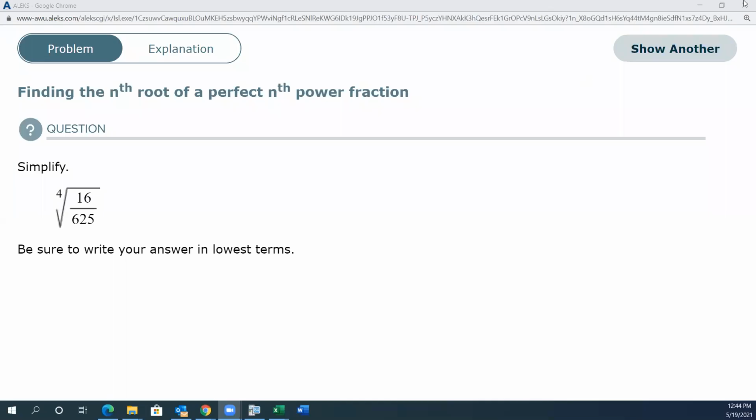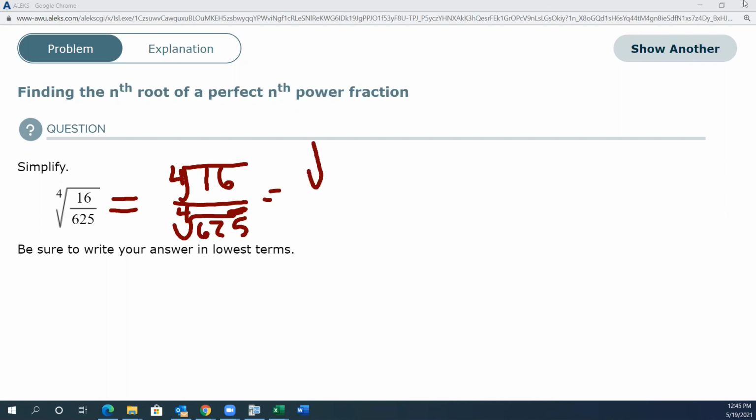Now on this one, we got a fraction. Well, guess what? Not a big deal. You can just say 4th root of the top, 4th root of the bottom. And 16, when you factor it down, it's 2 to the 4th. And when you factor down 625, it's 5 to the 4th.